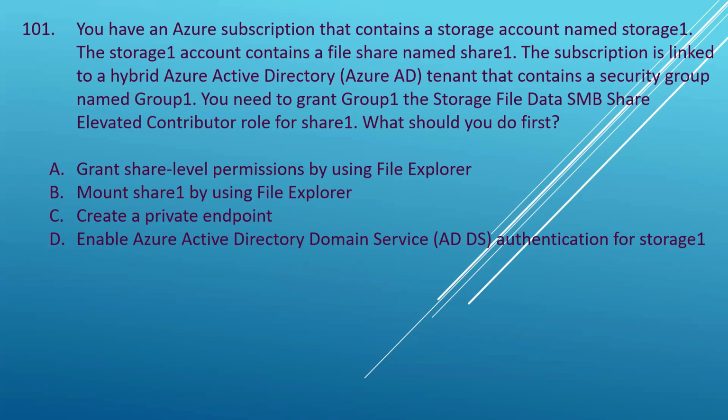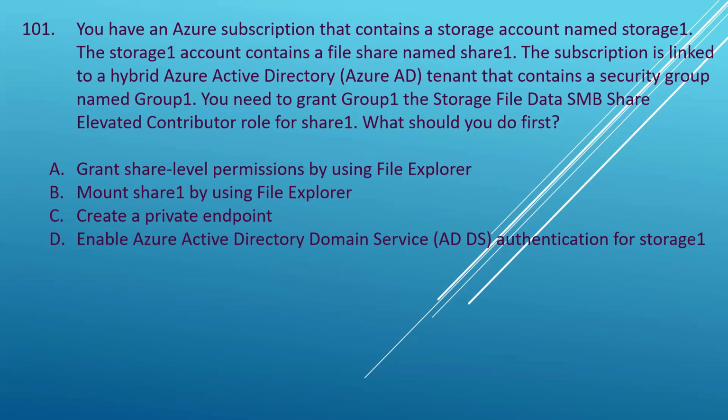You need to grant Group1 the storage file data SMB share elevated contributor role for Share1. What should you do first? Your options are grant share level permissions by using File Explorer, mount Share1 by using File Explorer, create a private endpoint, enable Azure Active Directory domain service authentication for Storage1.